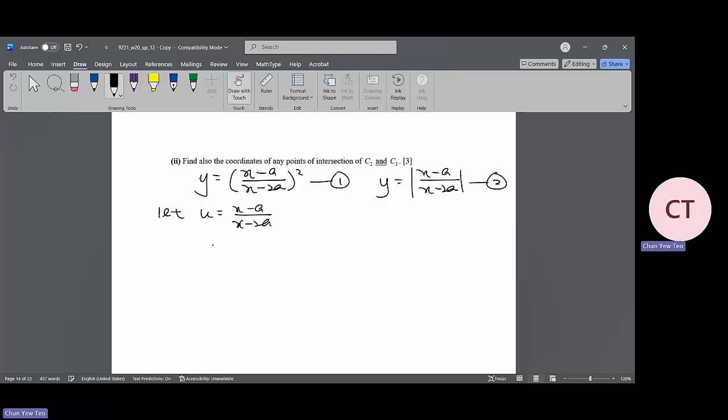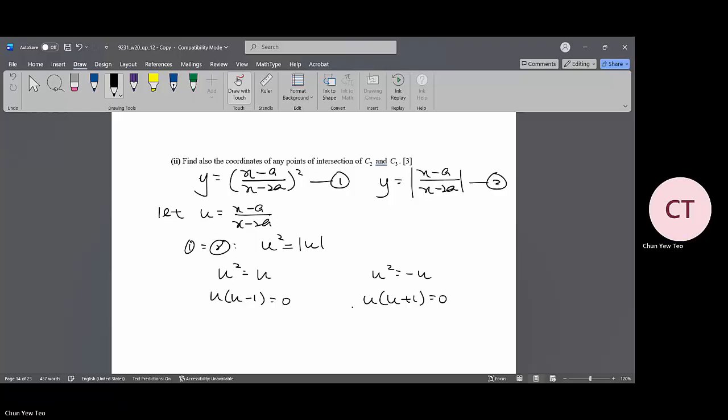So equation 1 equals equation 2: u squared equals modulus u, which means u squared is equal to the positive u, and u squared is equal to the negative u. Over here, you can factorize it. So u is equal to 0, u is equal to 1, and u is equal to 0, u is equal to negative 1.